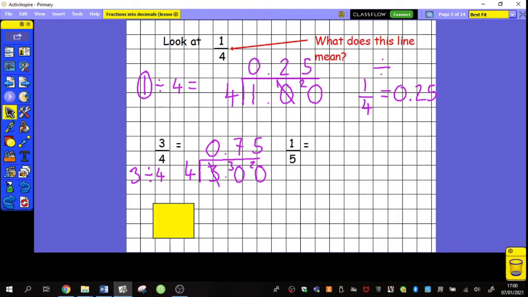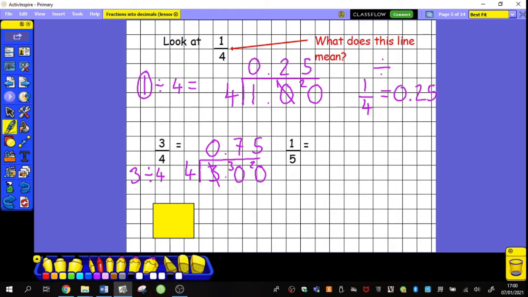I'll do it again. 1/5 this time. So again, 1/5 would be the same as 1 divided by 5. I need to do my bus stop method. I'm going to put the 1 on the inside, the first digit on the inside, and the second digit, the 5, on the outside, and I'm going to ask myself, how many 5s go into 1? 5 doesn't go into 1, so it's going to be a 0.